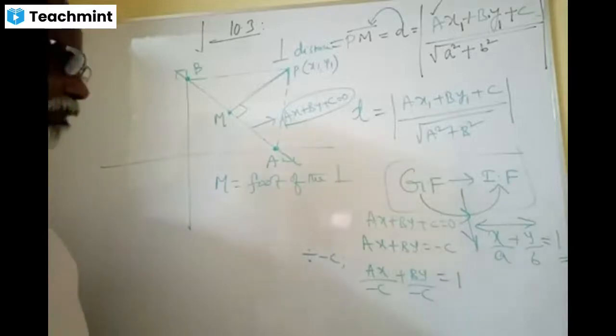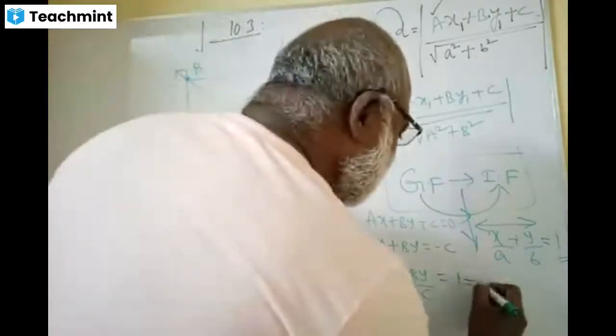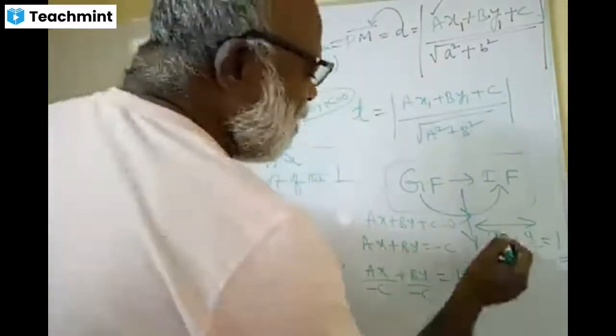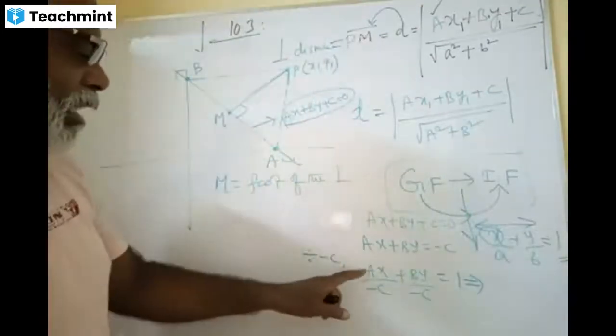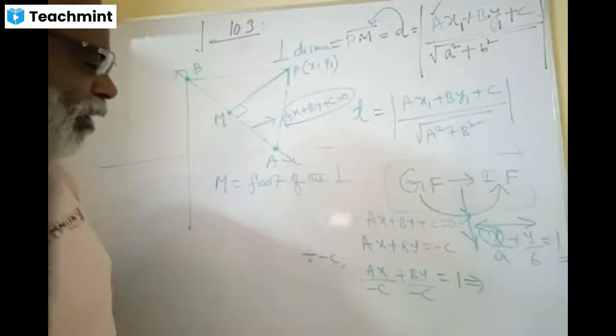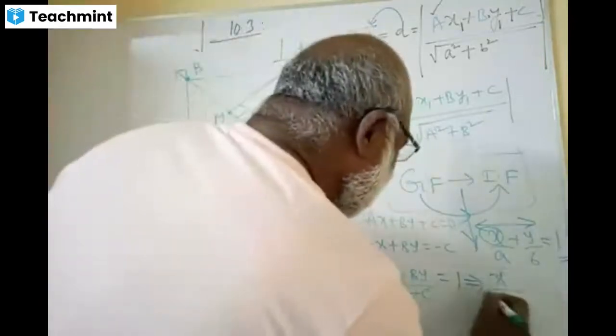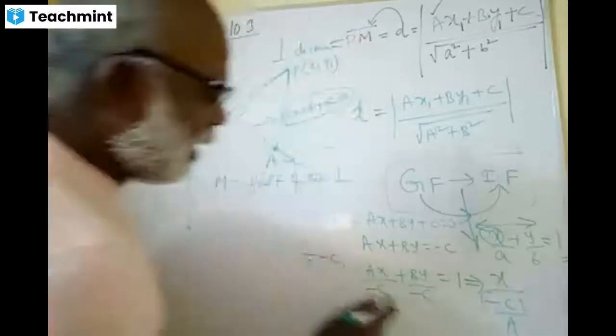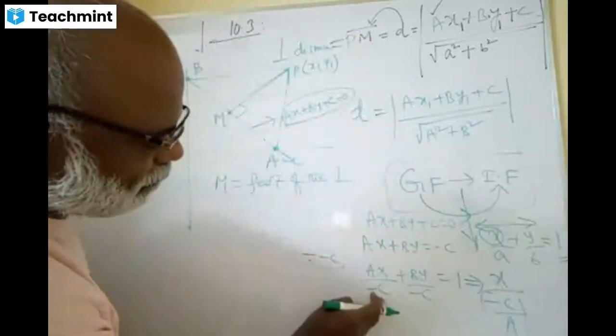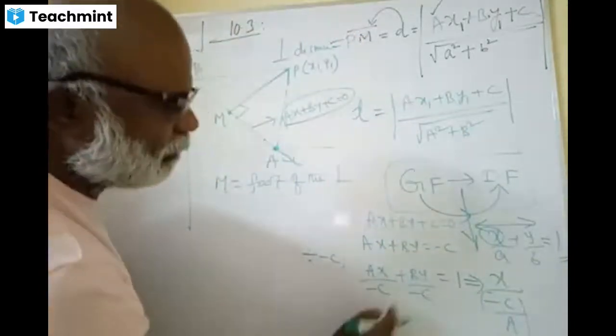Right. Friends, which further implies I want only x in the numerator. I don't want the coefficient a there. Therefore, I will write x by minus c by a. Do you agree? Yes, sir.